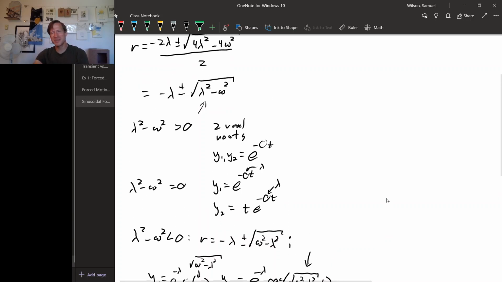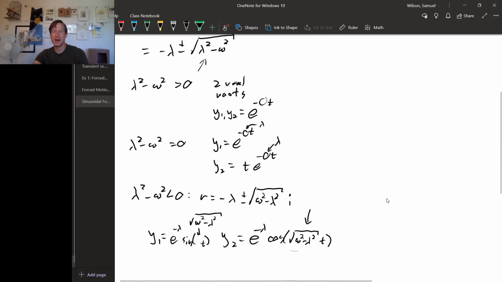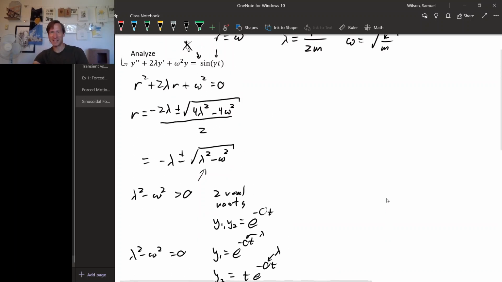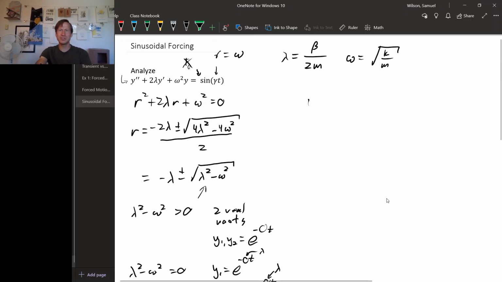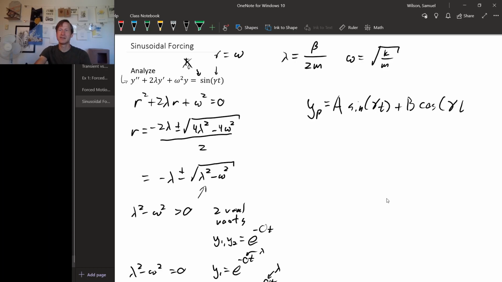So we don't really have to worry about accidentally having our forcing overlap with this complementary solution, because it's just impossible to make the frequencies match down to the infinite decimal place. So for our particular solution here, we can just guess some constant times sine gamma t plus some other constant times cosine gamma t, which is what we wanted to guess in the first place.